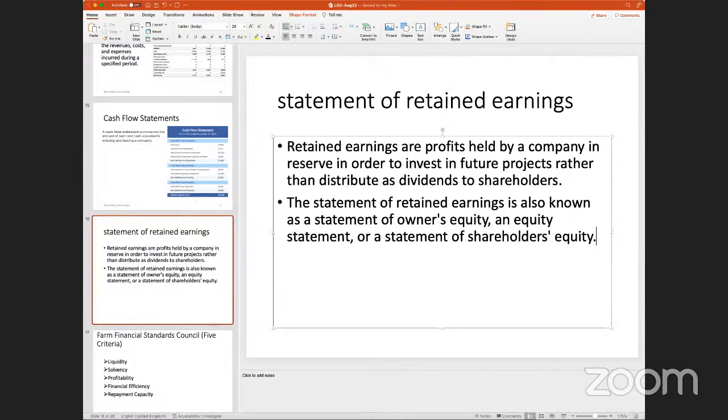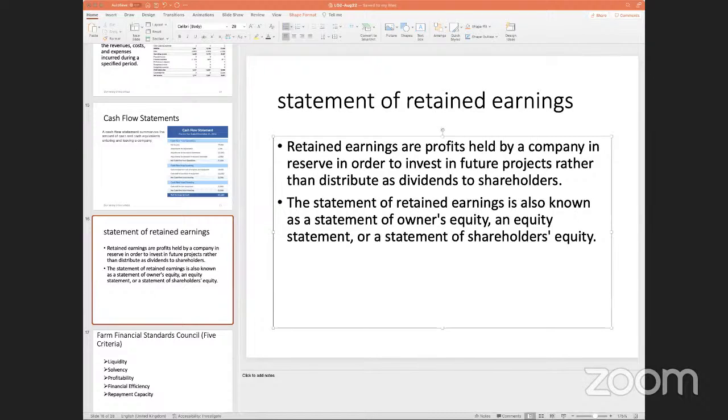And that is why this is also important, because it shows the amount of money the company generates and the money it is able to save as profits, which is going to add to the balance sheet on the asset side, and then could be used for investment in the future, for expansion of the business, for investment into new premises, a new manufacturing facility, or buying plant and equipment, and also in the form of paying dividends to its shareholders, which is what the statement of retained earnings actually does.